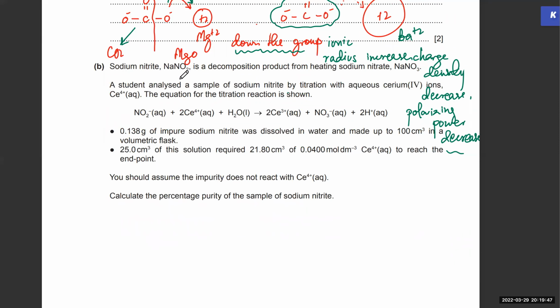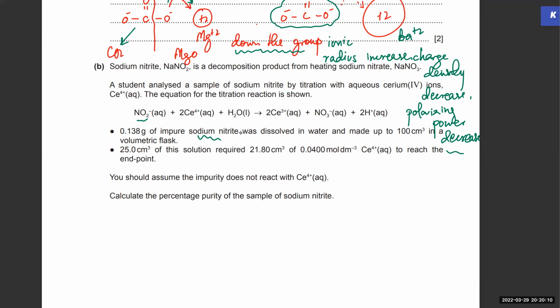The student analyzed a sample of sodium nitrite by titration with cerium 4 ions, and the equation is given. I don't know what the purpose of this whole thing is, but he's saying that 0.138 grams of impure sodium nitrite.